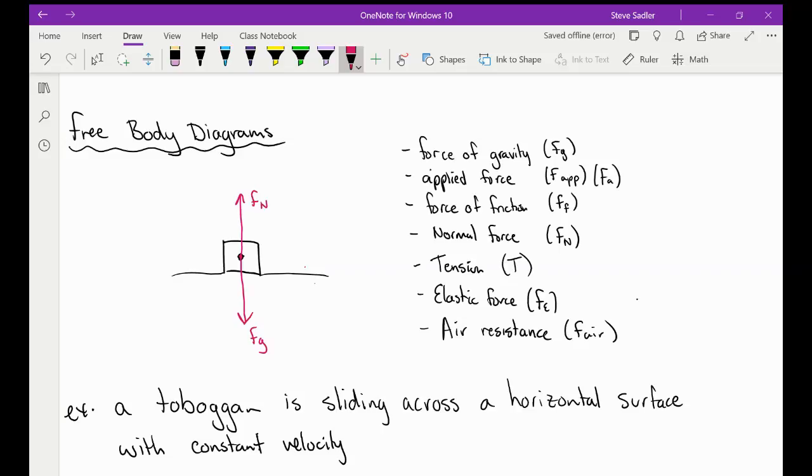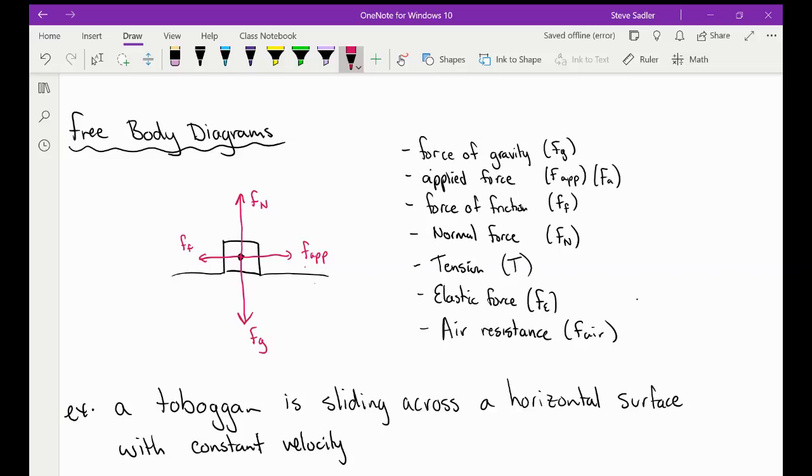And maybe you are sliding along the surface. So there's an applied force here. You're pushing or pulling this, and friction is opposing your motion. Friction's going the other way.